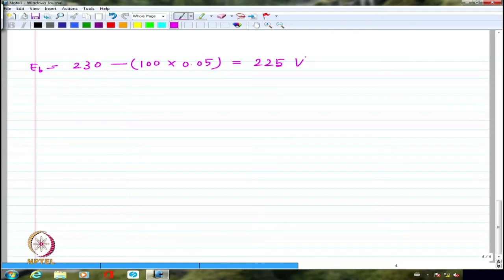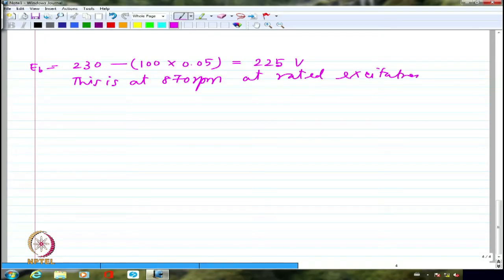225 volts. Okay. And it is at 870 RPM? Yes. So this is at 870 RPM and at rated excitation, hopefully, because we are not talking anything about variation in excitation. So which means I can calculate what is K5.